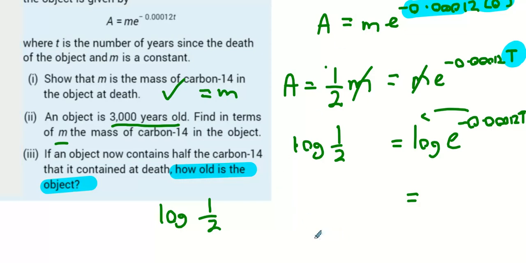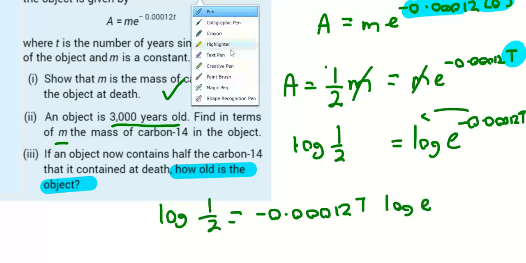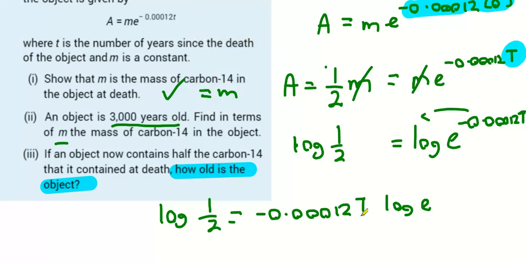So lads, log a half, and you bring the power to the front, and it goes minus 0.00012 log e. There's a t there as well. t log e. You basically want this t value here. You want to isolate it.